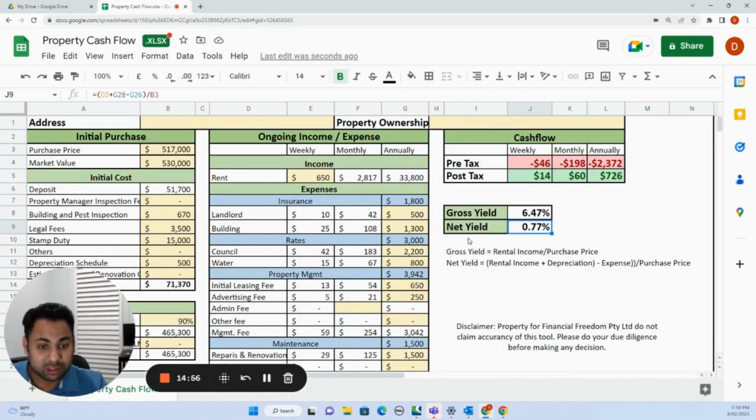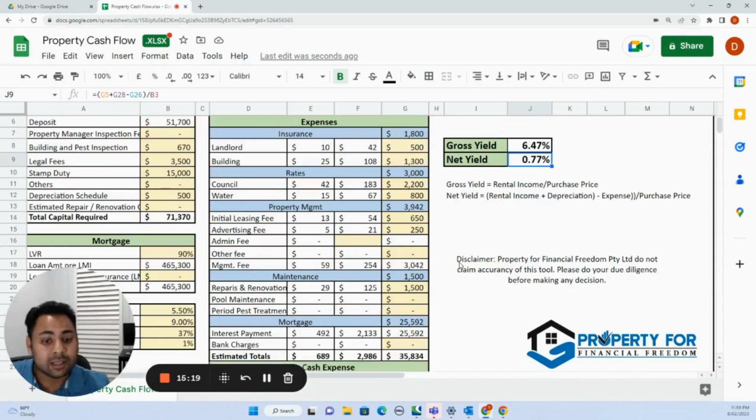In this particular scenario, this property shows it is a positive cash flow property with a net yield of 0.77%. If this net yield is negative, that means the property is negative. If it's zero, that means it's neutral. So this tells you exactly if the property is harming your pocket or not.